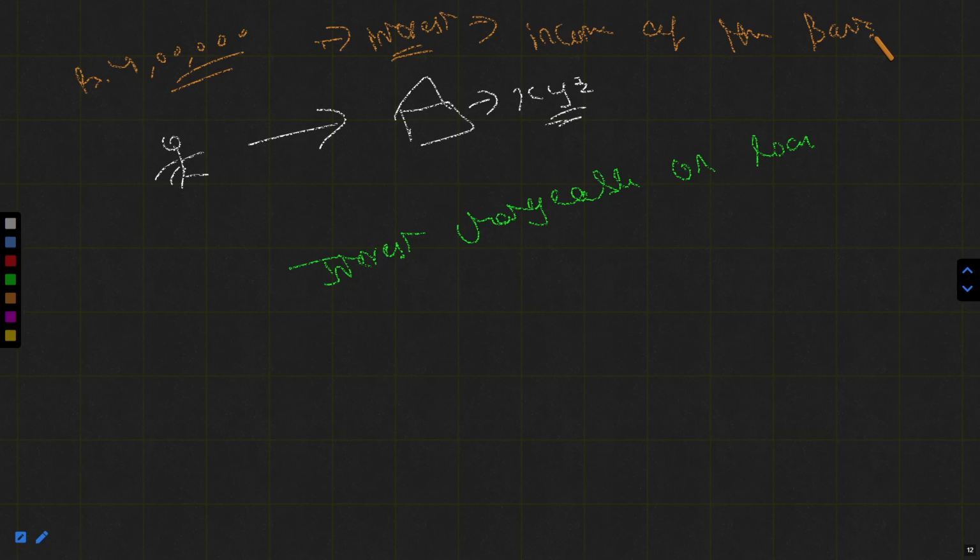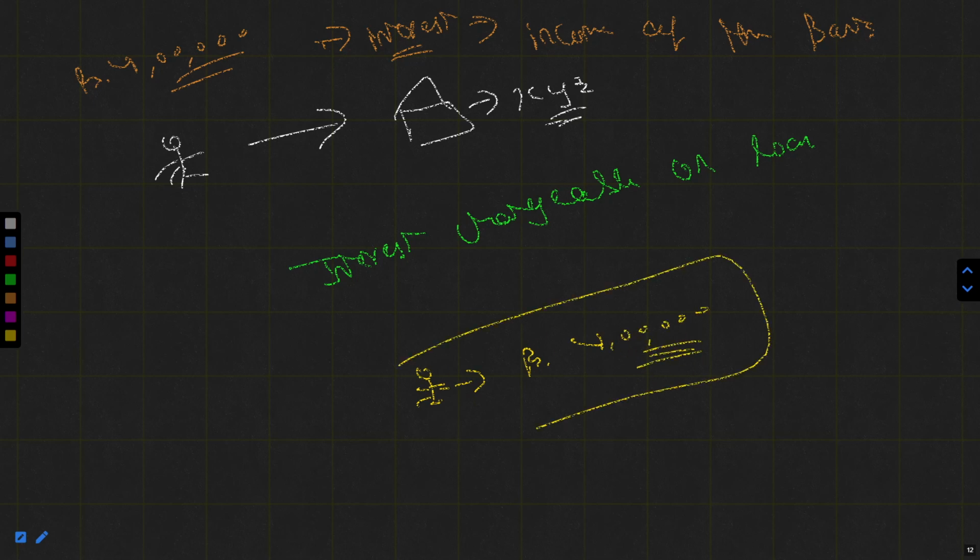And if the bank is not earning, how will it function? So the charging of interest is fixed. But suppose another person has also taken a rupees 4 lakhs loan.